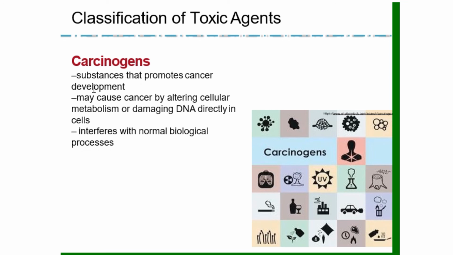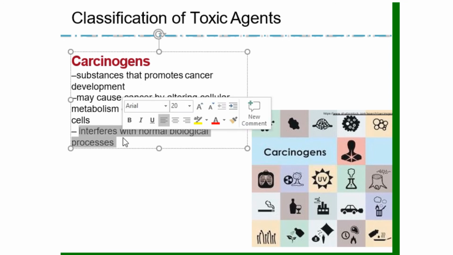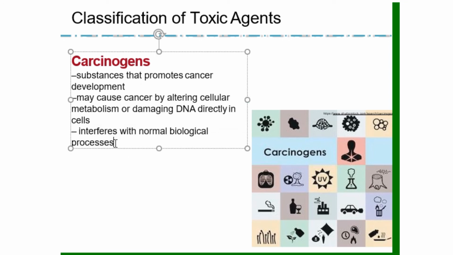And basically, once the carcinogens are introduced into our body, they interfere with the normal biological processes. So what are the examples? So parang same lang po sila. So we have viruses, infectious agents, radiation, smoke, alcohol, what else, combustion from the car, sa mga chemicals, etc., etc.